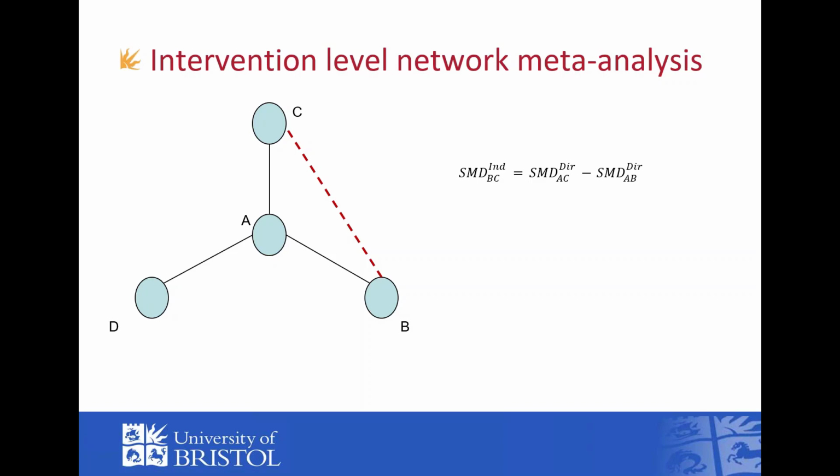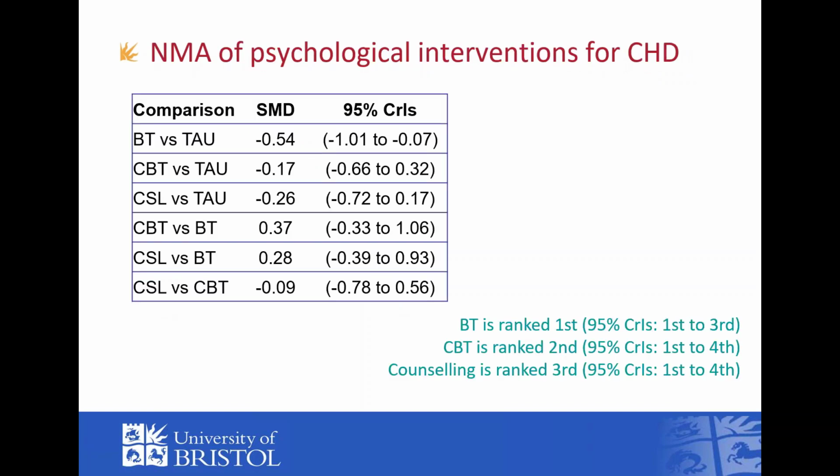So those are it's a very, very quick whistle-stop tour, a refresher probably, of the concepts of network meta-analysis. But for completeness, let's just have a look at the results from that clinically meaningful unit intervention level analysis, again using a random effects model.